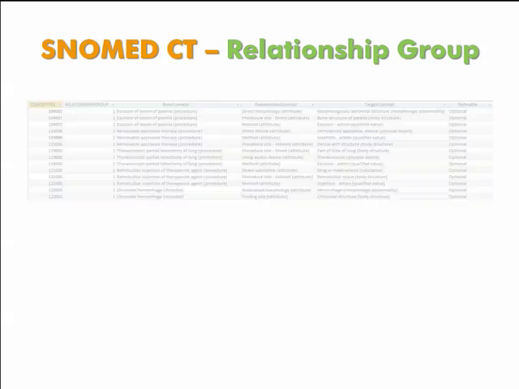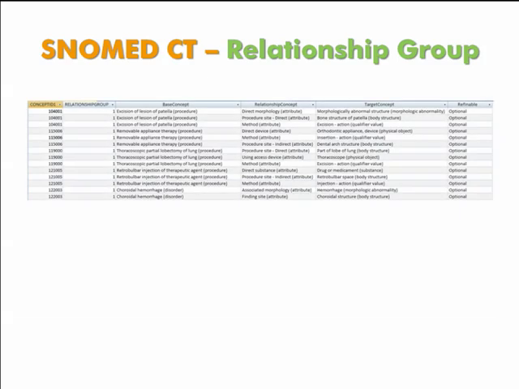The relationship group, according to the documentation, is a way to group relationships. But one of the things that's important is there are only 10 relationship group IDs when you do a distinct on relationship group. The thing that's important to remember is the relationship group is leveraged across multiple concepts. So for example, here you see relationship group of 1 across these concepts. All of these things aren't in a relationship group together.